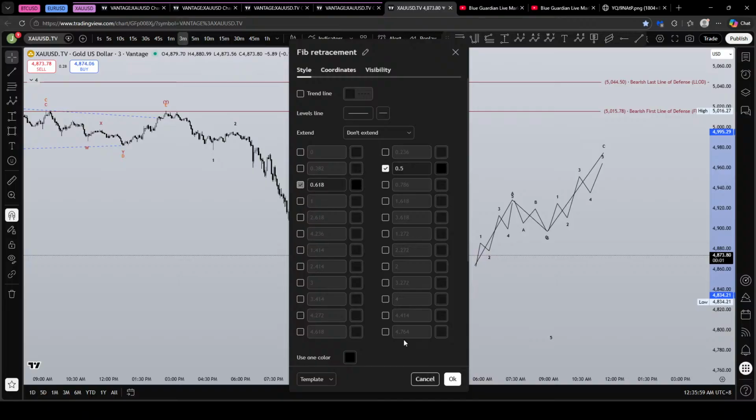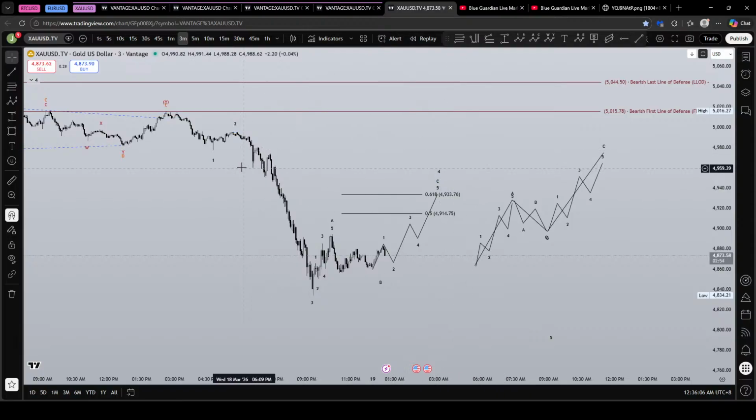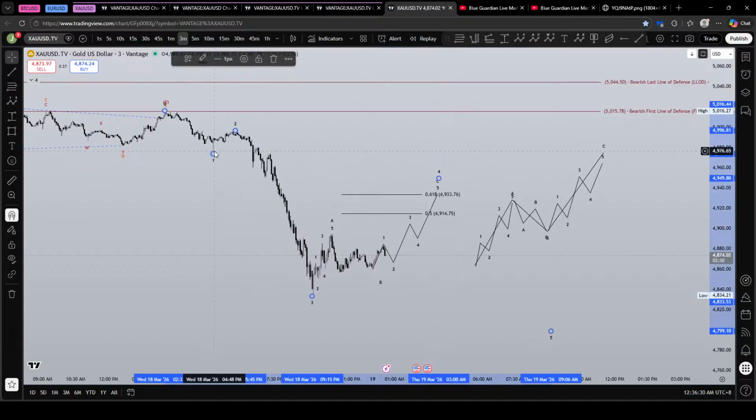But the rule actually states that, based on the cardinal rule of Elliott wave theory, as long as wave 4 will not overlap the territory of wave 1 here, wave 4 can be in any level before this wave 1 structure.